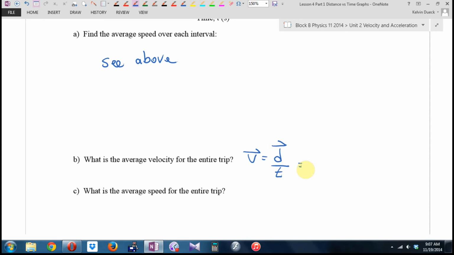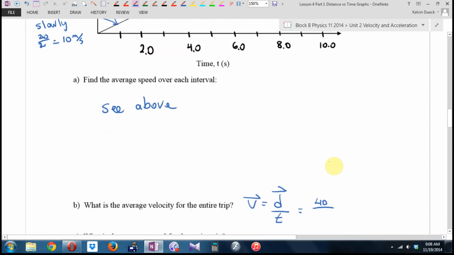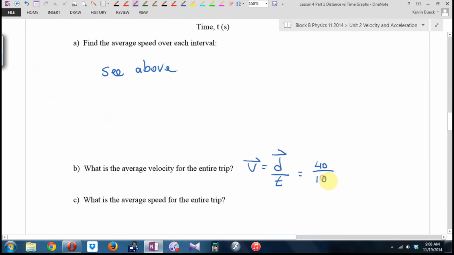I don't care what happened in between. All displacement cares about is your change in position. It cares about initial. It cares about final. What was my final position? 40? So my displacement is 40. Time, how many seconds? 10. My average velocity, I can do 40 divided by 10 in my head, is 4 meters per second.